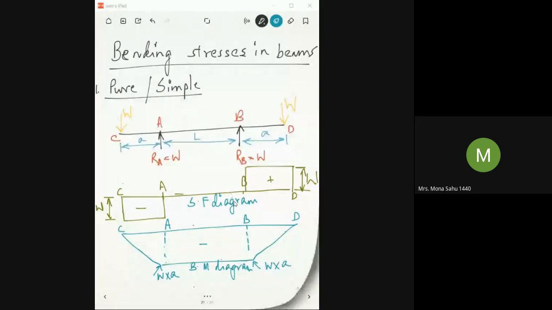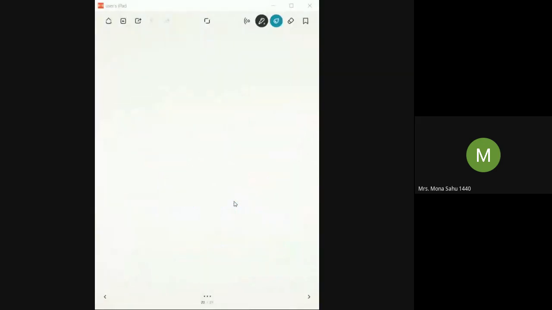You guys can just write down the definition. Please make a note of it.